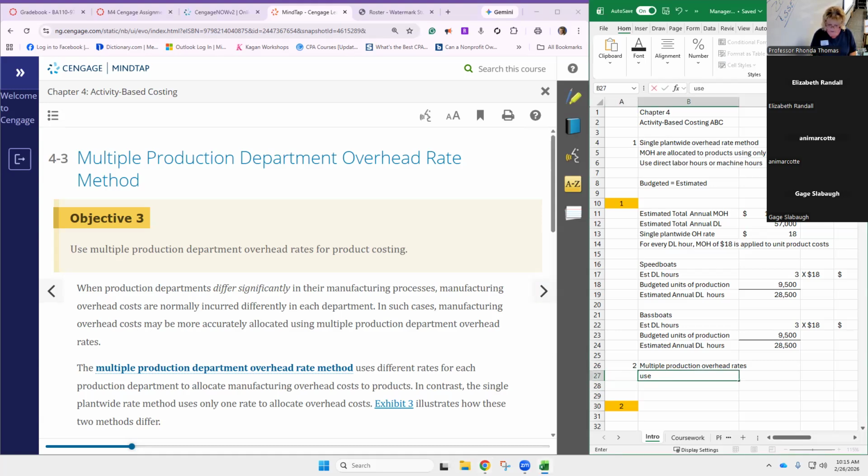So it uses different rates for each production department to allocate manufacturing overhead costs to products.